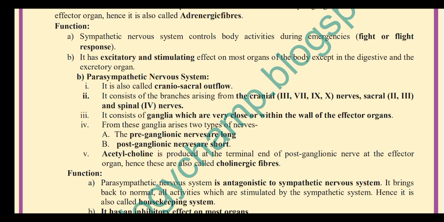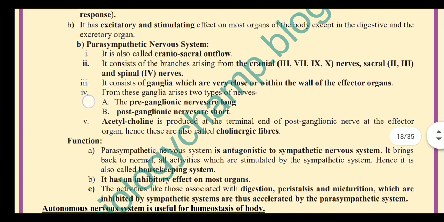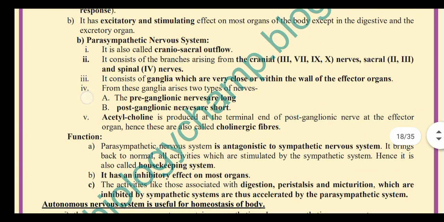It has an excitatory and stimulating effect on most of the organs of the body except the digestive and excretory organs. So all exciting movements are actually carried out by this system.